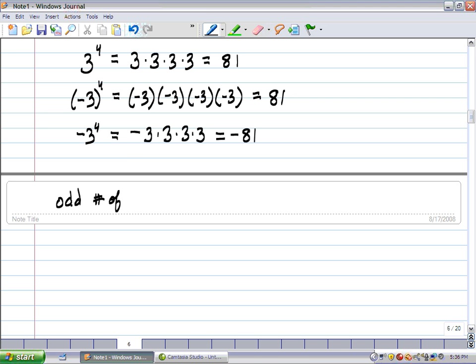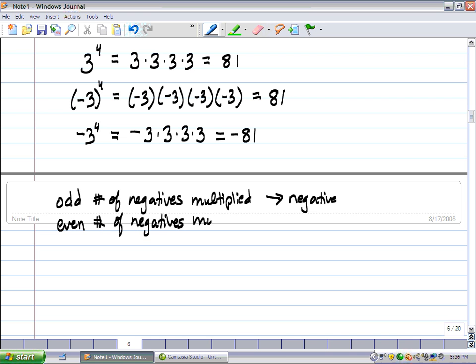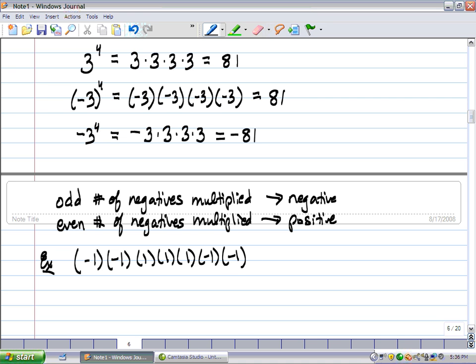In general, when you multiply numbers together, if you have an odd number of negatives multiplied, that gives us a negative. And an even number of negatives multiplied is going to give us a positive. So for example, we'll just use 1. Negative 1 times negative 1 times positive 1 times positive 1 times positive 1 times negative 1 times negative 1.